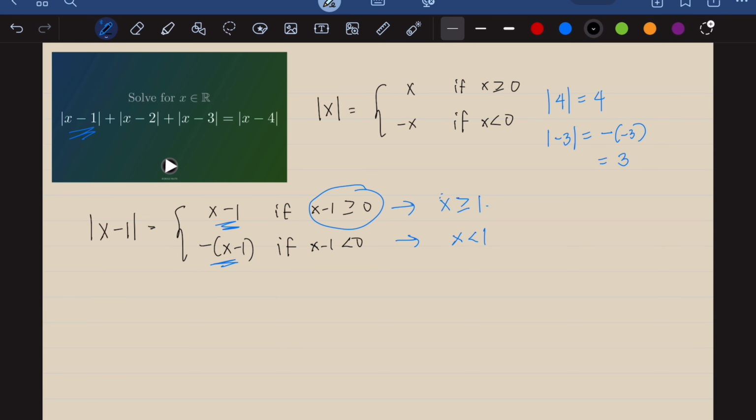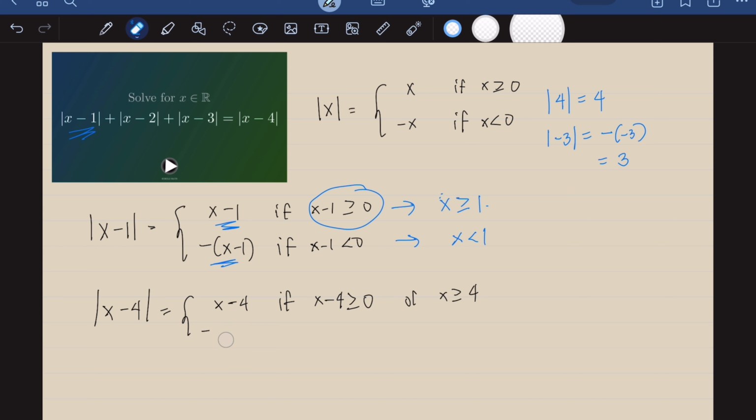Let's do the same for, let's say, x minus 4. This is equal to x minus 4 if x minus 4 is greater than or equal to 0, or x greater than or equal to 4. On the other hand, we have the negative of x minus 4 if x is less than 4.